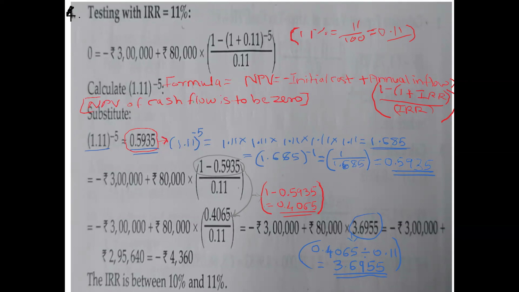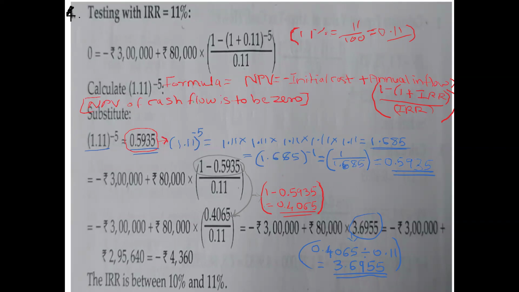So 1 minus 0.5935 is equal to 0.4065. We have calculated here. So now again 1 minus 0.5935 divided by 0.11, which is 11%. We have got from 11% the answer 0.11.